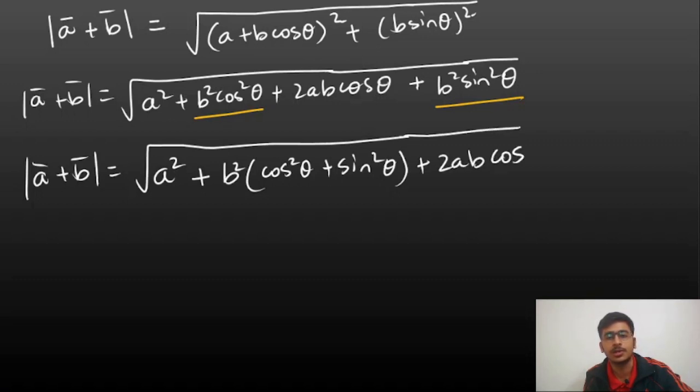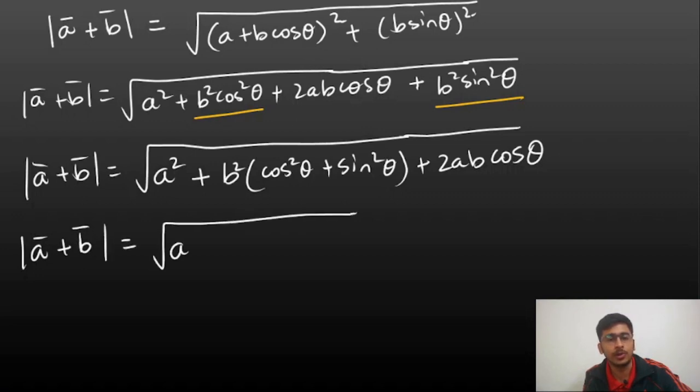And what is cos squared theta plus sin squared theta? Well, from basic trigonometry, we know that it is 1. So the magnitude of a plus b gives me this beautiful formula: a square plus b square plus 2ab cos theta, under the root.